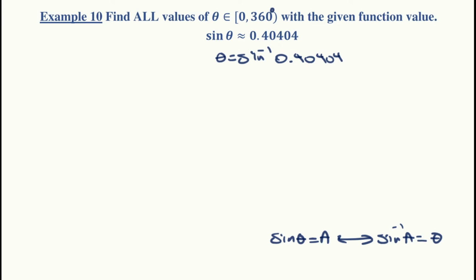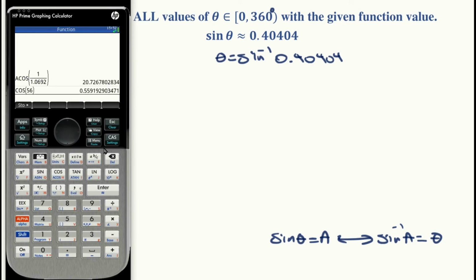There's more, in fact there are infinitely many angles that will satisfy it. But we only care about just finding the ones that are between 0 and 360 right now. So let's go ahead and compute the inverse sine, so shift sine of 0.40404, right?